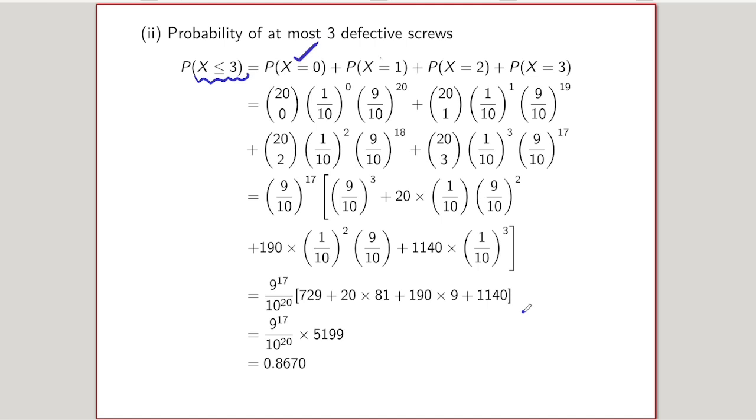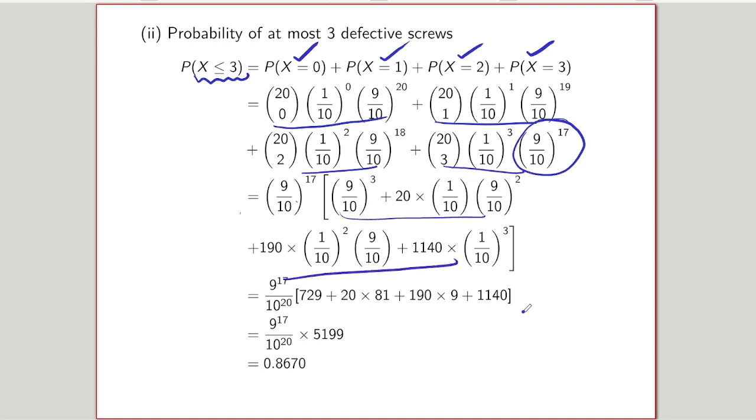We can take 0, 1, 2, 3. Substituting the values, we will be getting 4 terms. Here the minimum term is 9 by 10 the whole power 17. So I'm going to take it outside, writing the remaining terms and taking the terms commonly outside. We'll be able to get the value 0.8670.